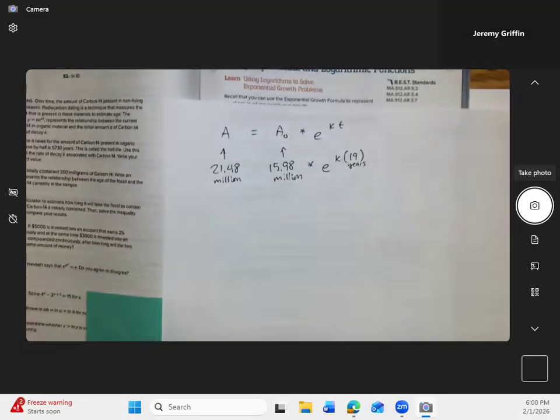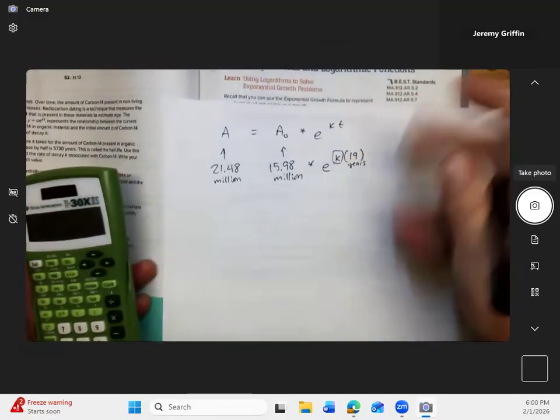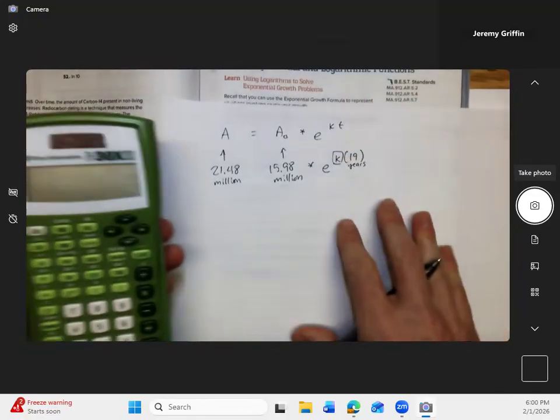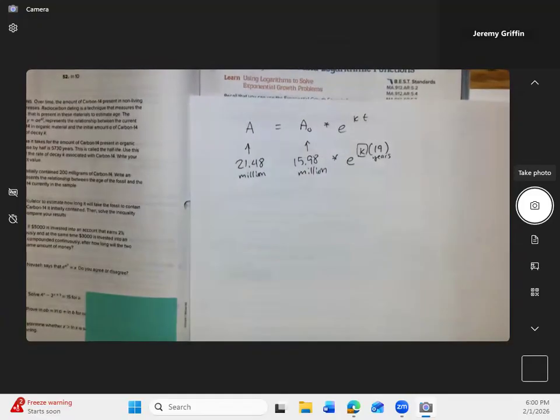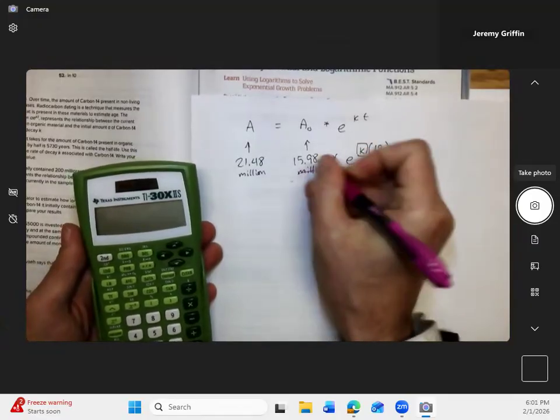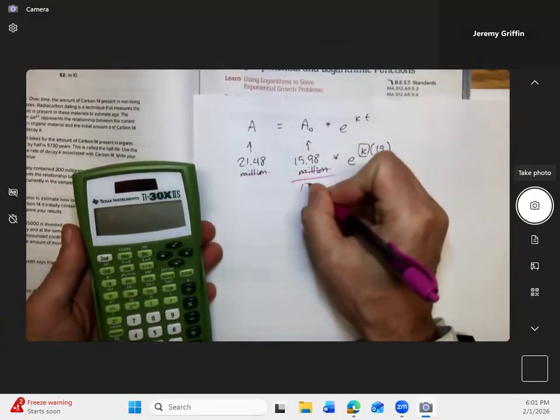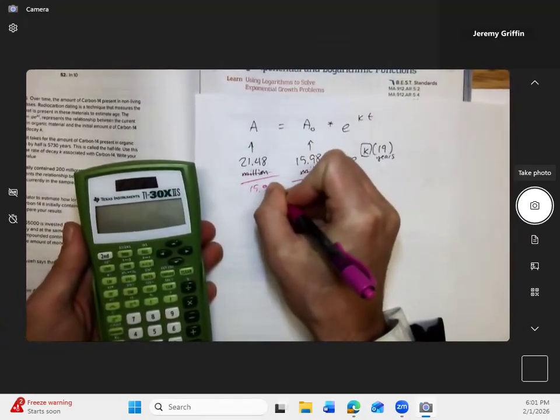So how can you solve for k? You can use logarithms. Let me show you the algebra. The millions cancel. Divide by 15.98 over 15.98.